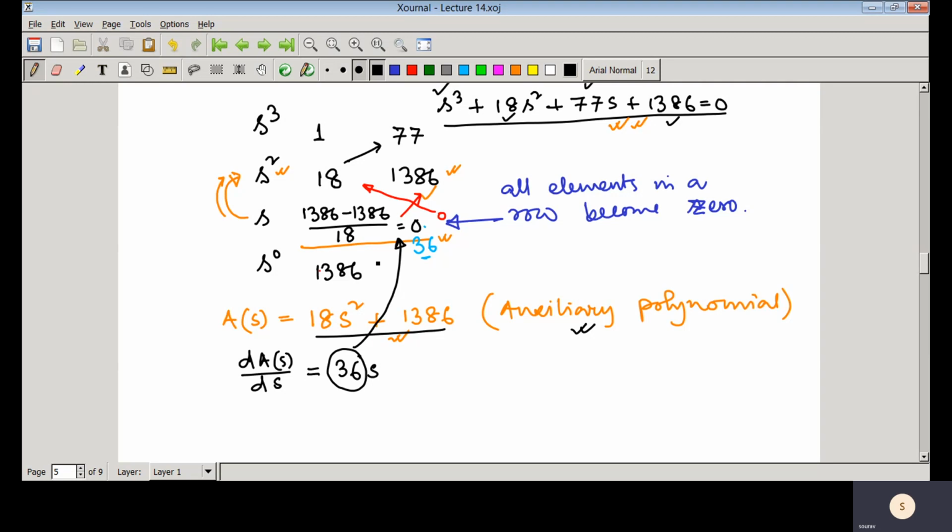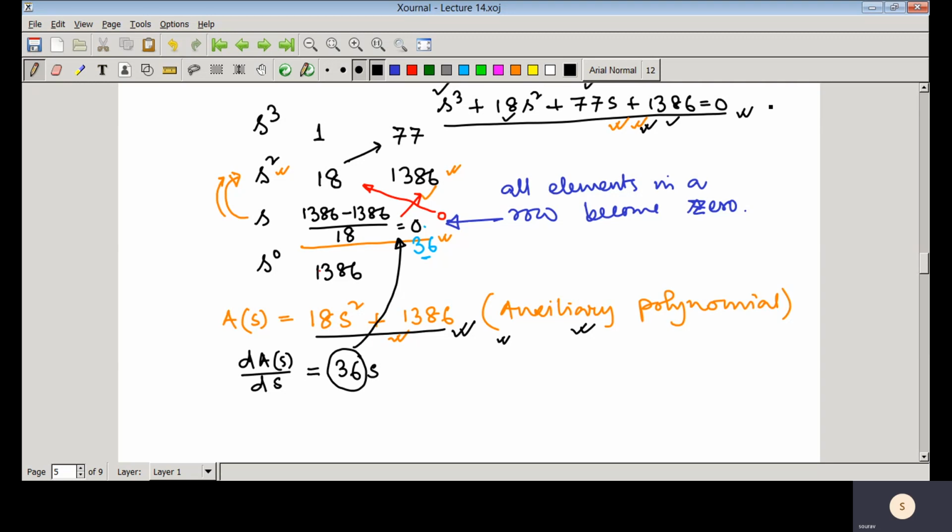And then you can see one interesting thing, that this auxiliary polynomial is a factor of the original polynomial. So that means the roots of this auxiliary polynomial are also the roots of this original polynomial.